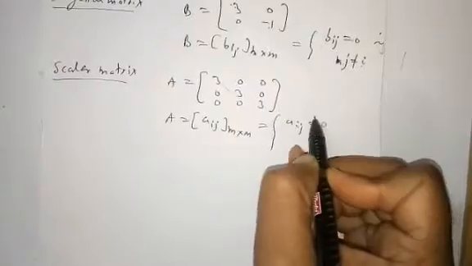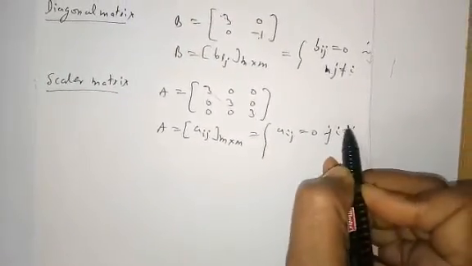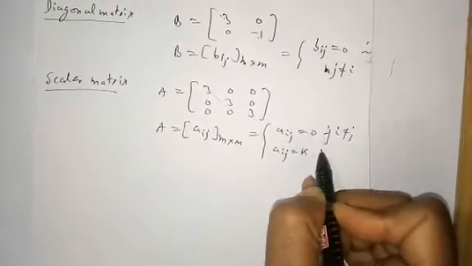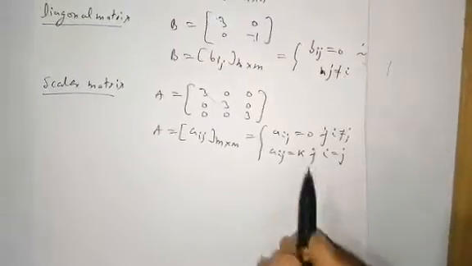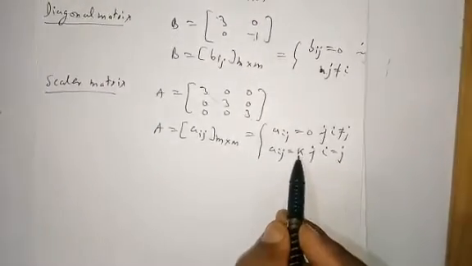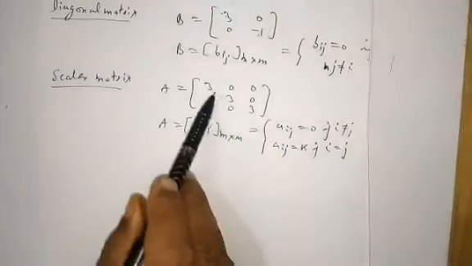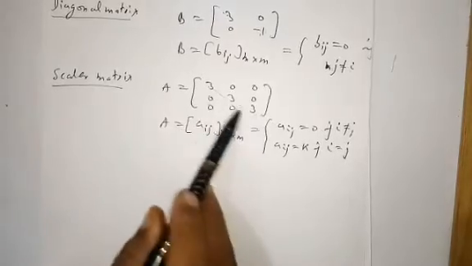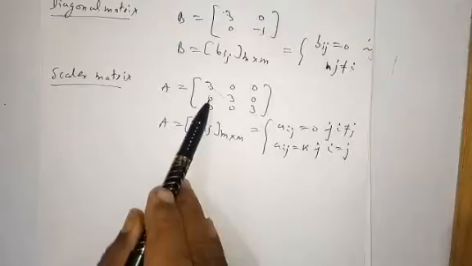Aij equals 0 if i is not equal to j, or Aij equals k if i equals j, where k is some constant. So in the principal diagonal we always have some constant value, and it is the same everywhere, and the non-principal elements are 0 everywhere.